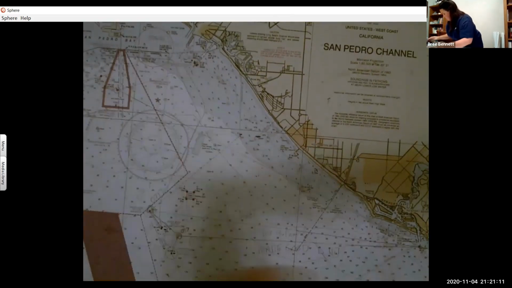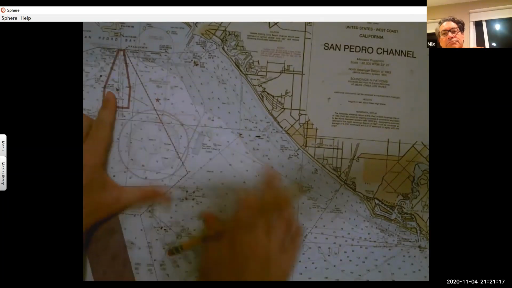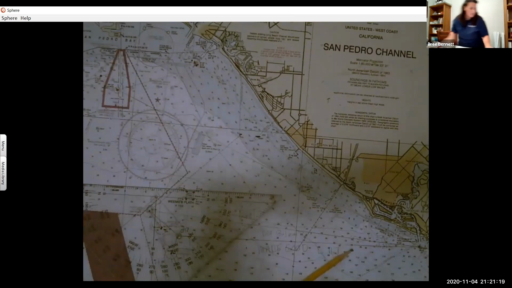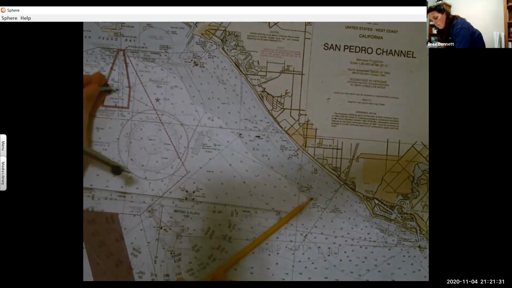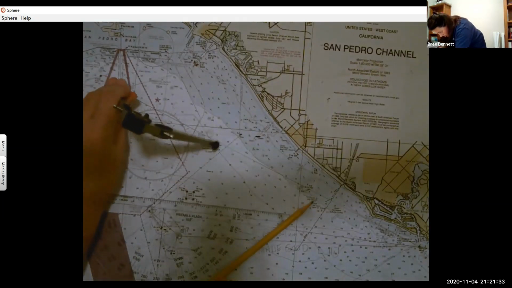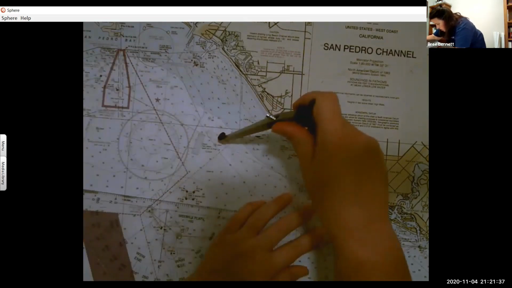Okay. So I plotted my 070 line. Now I want to get 11 miles. So I'm going to do 5.5 on my dividers. So from my LB buoy, I have 5.5 and 11.